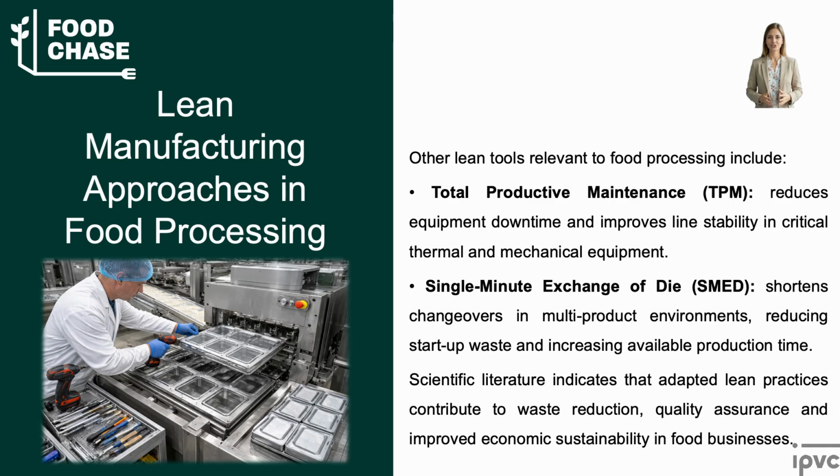Shorter changeovers reduce startup waste and increase available production time. Scientific literature shows that when adapted properly, lean practices contribute not only to productivity gains, but also to the strategic objectives of minimizing food losses, strengthening quality assurance, and improving the economic sustainability of food processing businesses.